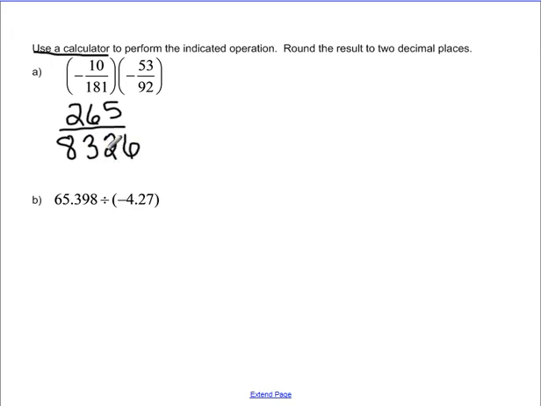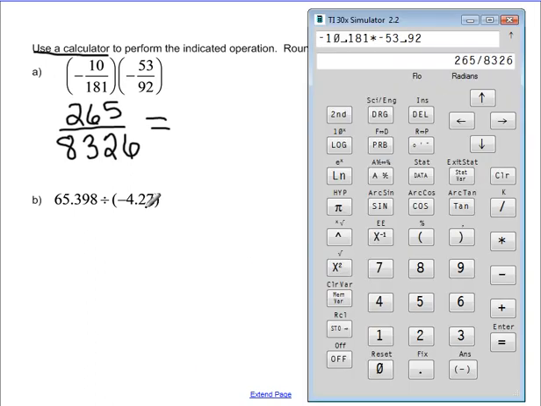Now, obviously that's not a decimal, but we can create a decimal out of that easily enough, can't we? We can come back to our calculator, enter 265, and divide that by 8,326, and that's going to give us the decimal form that we're going to round to 2 places.